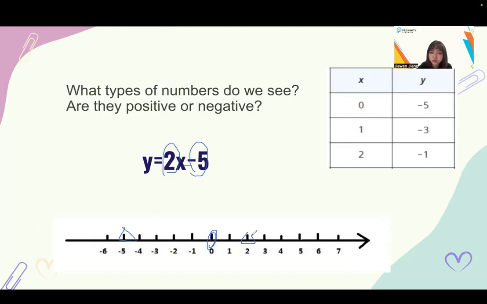Okay, so let's look at this pattern. So this table. So when x equals 0, we got the answer is minus 5. So minus 5 here. And when x equals 1, we got the answer minus 3, then 2, minus 1. So when we move from minus 5 to minus 3, what did we do? Yes.